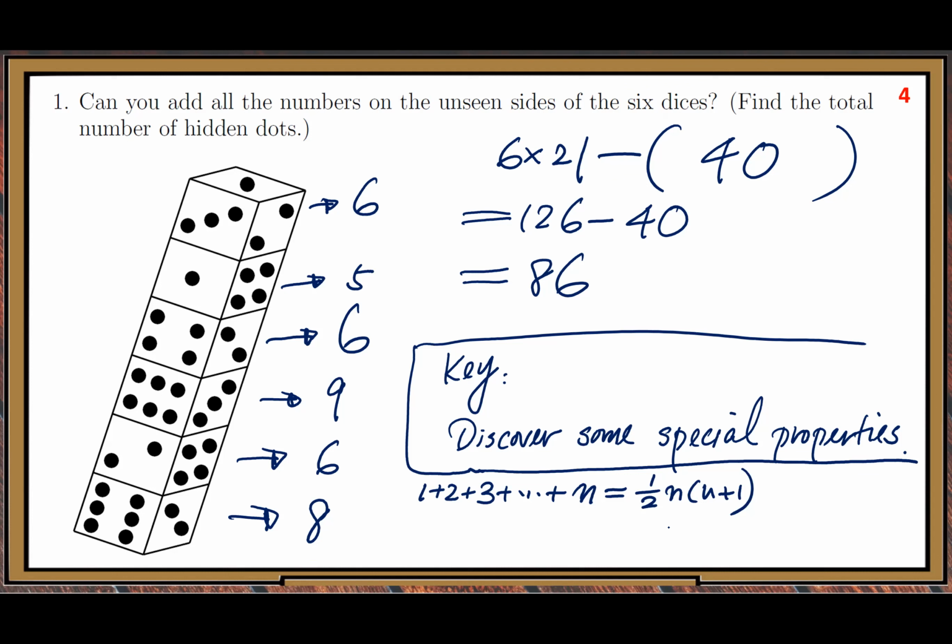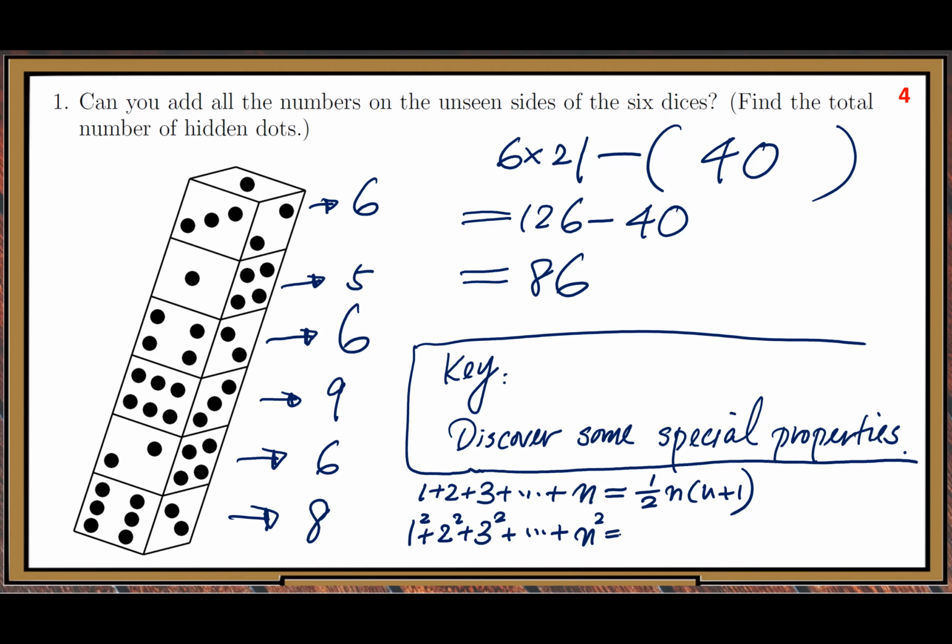Then I believe in your discrete math, the prerequisite for this course, discrete math 3000, if you still keep that textbook or your notes, you can go back and check it. We need this formula for n squared.